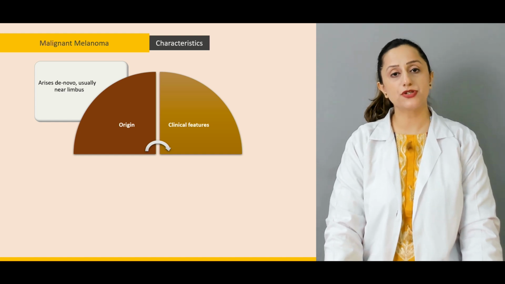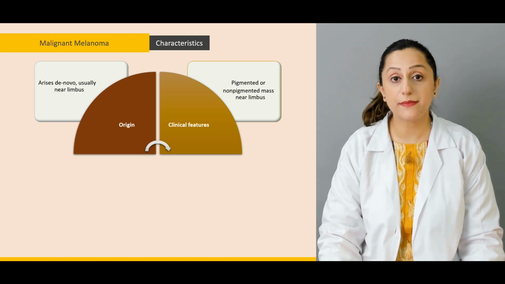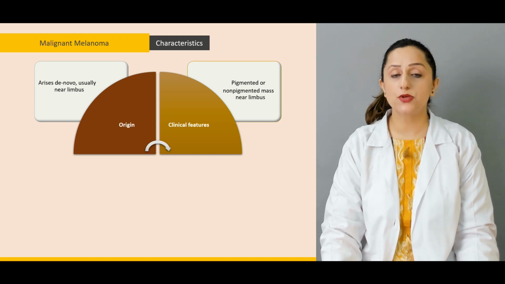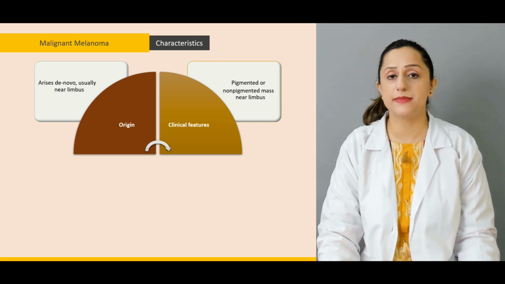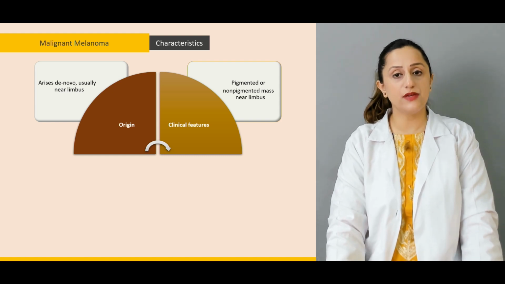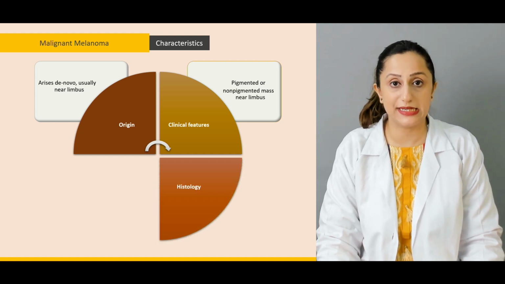The clinical features over here would consist of the pigmented or the non-pigmented masses that can arise near the limbus. So the melanomas, even if the name is indicating a particular pigmentation that arises, it can be even a case of a non-pigmented melanoma that we're dealing with.